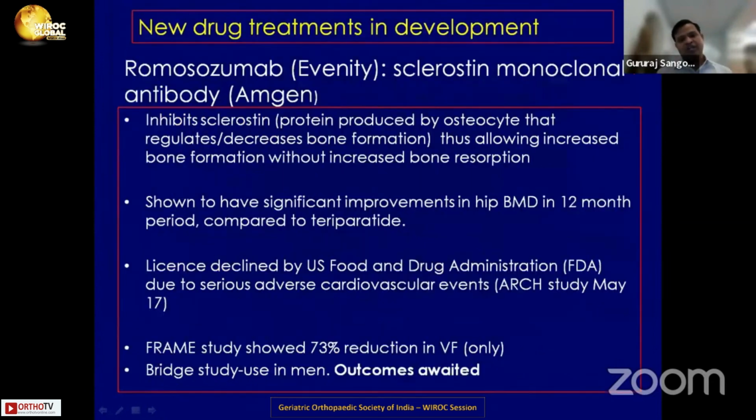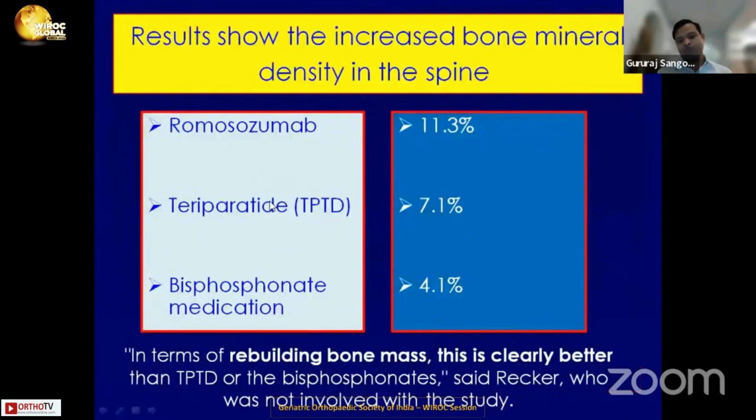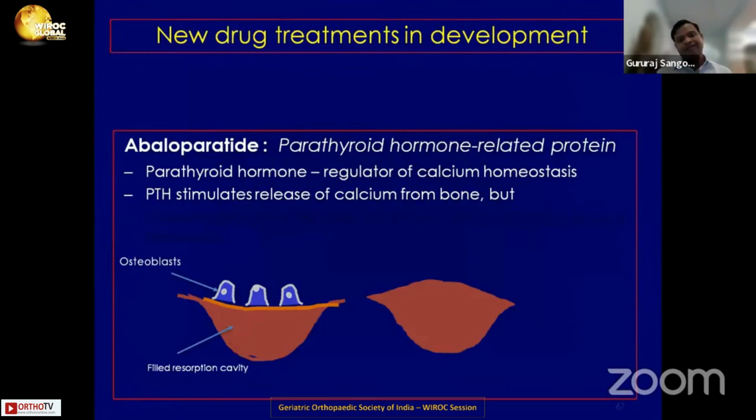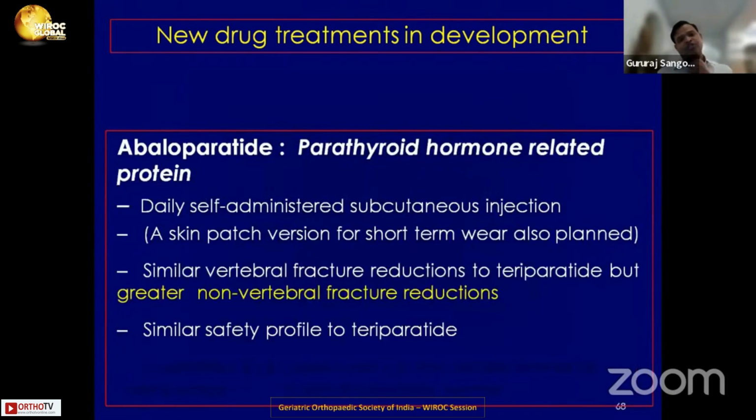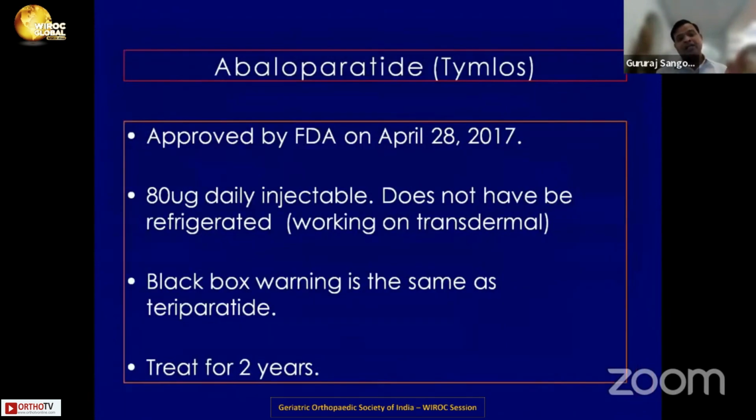We have newer drugs, romosozumab, which gives better BMD values than teriparatide and bisphosphonate alone. And the recent drug in the market is abaloparatide, which was approved by the FDA for treatment of osteoporosis in 2017, and this is going to be in the Indian market soon.